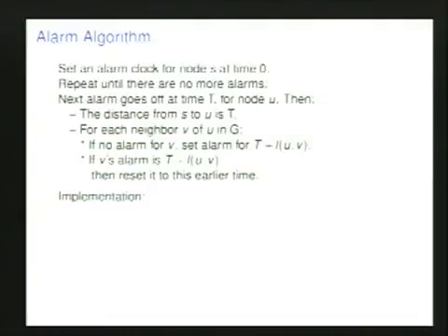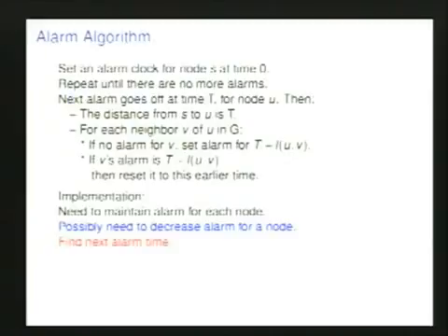Repeat until there are no more alarms. That's just a loop construct. Next alarm goes off at time t. So you need to find the next alarm. In essence, what you need as a data structure is to maintain alarms for each node. Okay? And what are the things you need to do? You need to find the next alarm. You don't want to find just any one, you want to find the next one that you haven't processed.